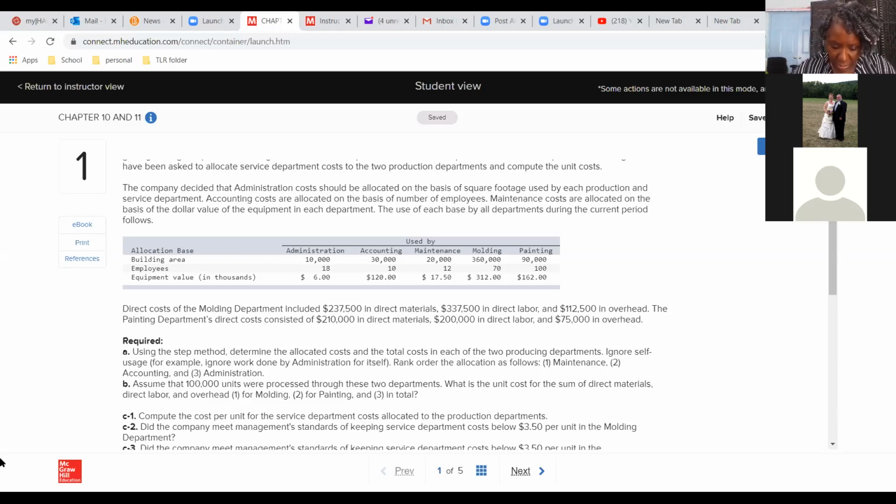If we look at accounting, the number of employees is 10 and the cost is 120. I'm going to do my division here. 120, I'm going to divide it into 10.